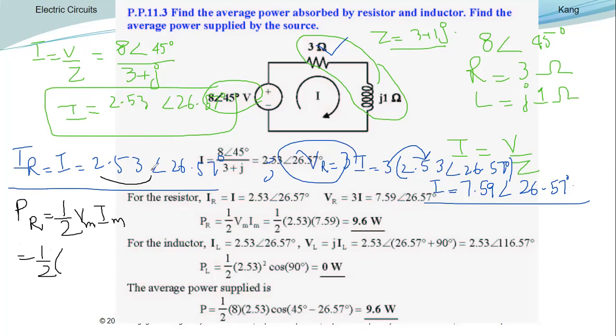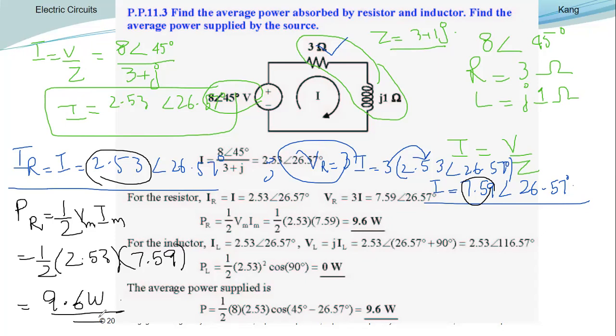So this will be 2.53 with the IM value 7.59. After the calculation, it will be equal to 9.6 watt. So this is the method to find the current for the resistor, voltage for the resistor, and then the power for the resistor.